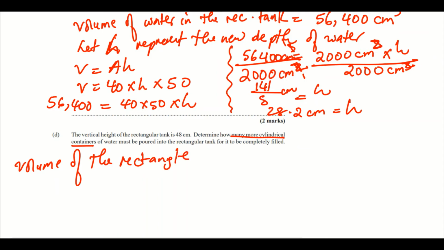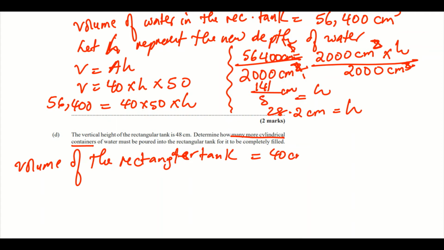So the volume of the rectangular tank. Yes, I'm bad at spelling too. Rectangular tank. So we know area of cross section times height, same thing as length times width times height.